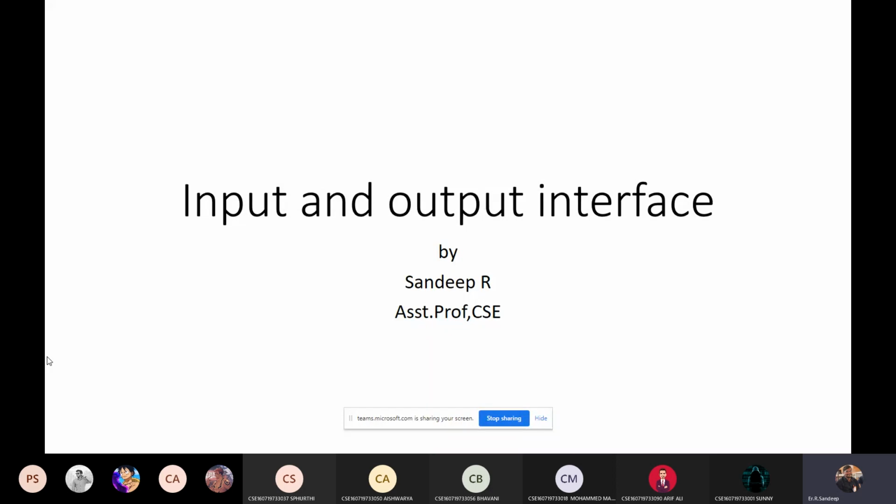What type of data is an input device sending and how is the system or the processor understanding it? What type of data is the system giving back to us? Whether we need to do any conversion in between input and output, or whether the processor will understand it directly. That is the main concept behind the interface. It is a device and a circuit which is used for doing some sort of conversion.